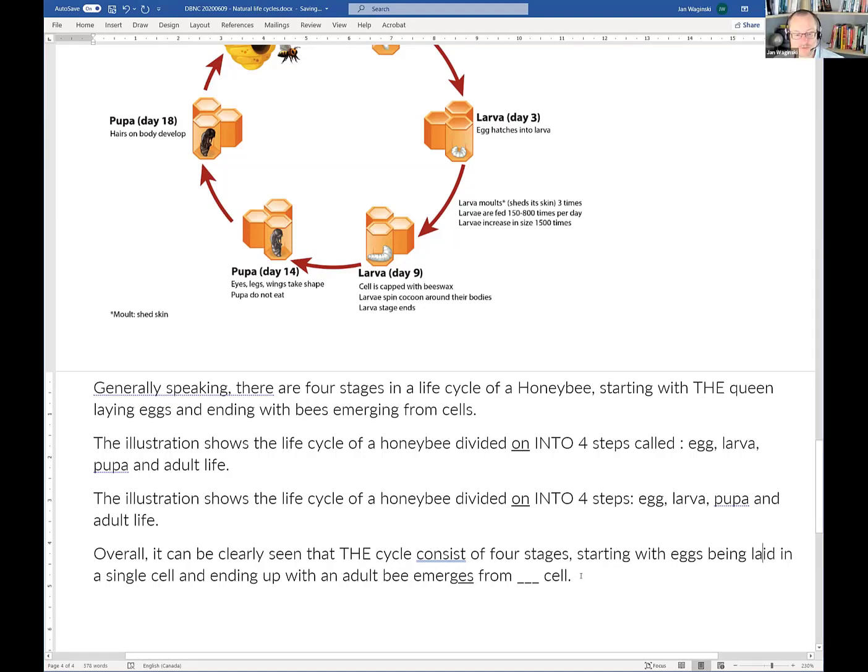Emerge is one of those verbs that doesn't make sense in passive voice. Like you can't emerge something. That's kind of a good rule of thumb. So we talked about VT verbs. If it's a VI verb, it's not going to work with passive. So I have to replace that word or just emerge?